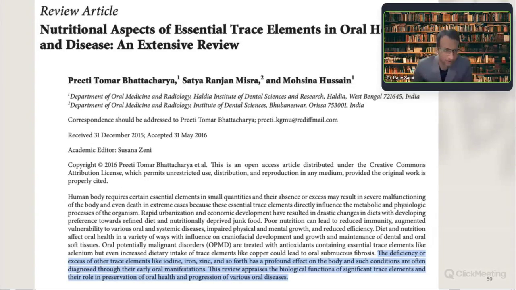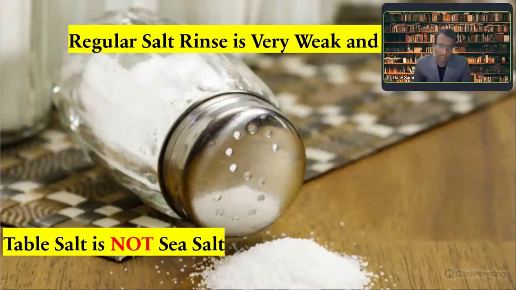It is very important to understand why sea salt from the Red Sea is the best, because it is rightly balanced by nature. There's an independent research paper published in 2016 that mentioned that the deficiency of trace elements and minerals like iodine, iron, zinc, and so forth has a profound effect on the body, and so does an excess of them.